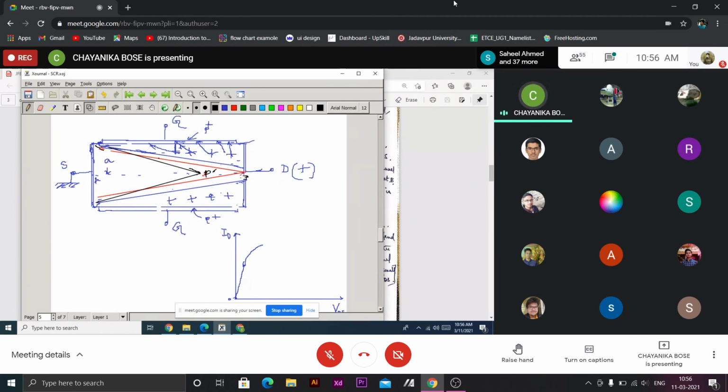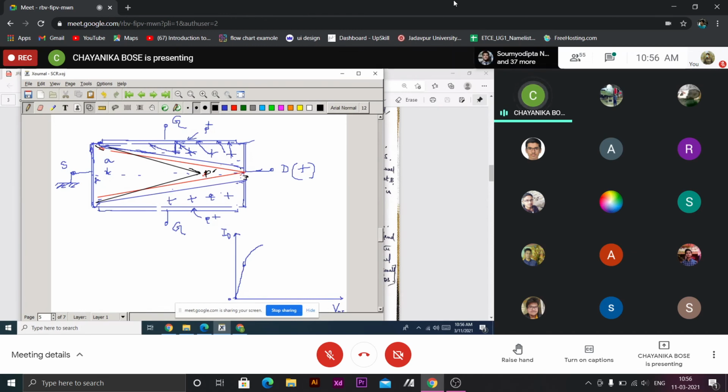Due to this VDS voltage, carriers from the source end, electrons, will drift through the neutral channel as they are doing so far, and will reach the pinch-off point. Drift along the neutral channel will give rise to a current. That current will remain the same.